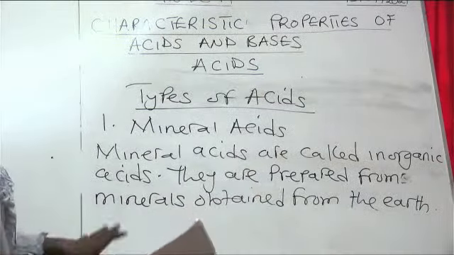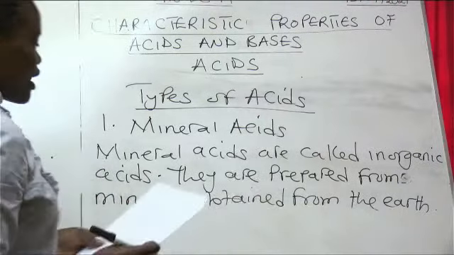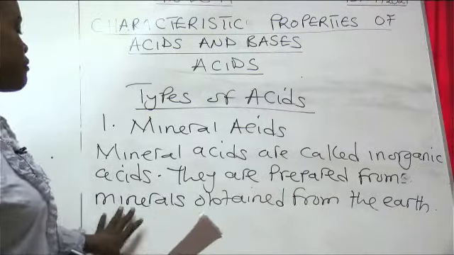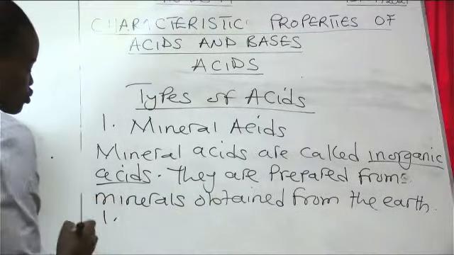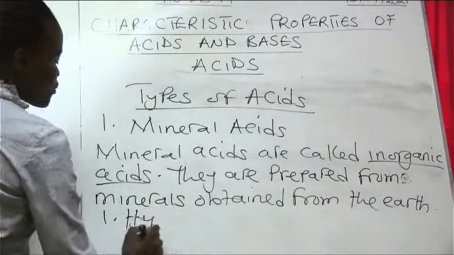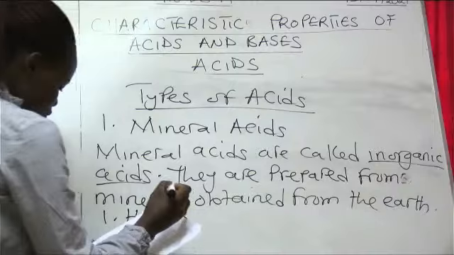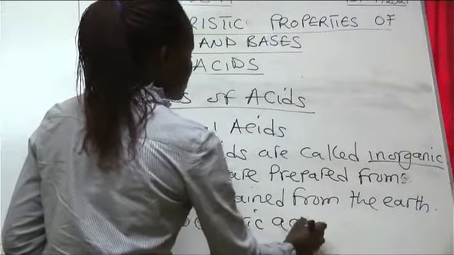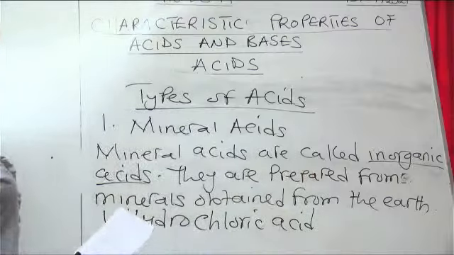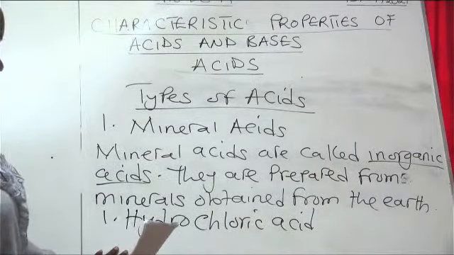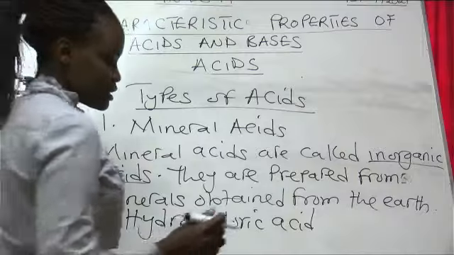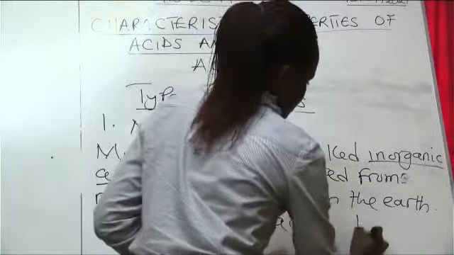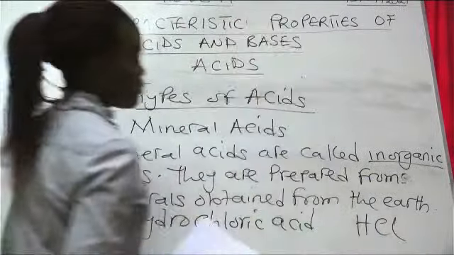An example of a mineral acid, the first one, is hydrochloric acid. It's a mineral acid, and this is a very strong acid. We write hydrochloric acid as HCl.